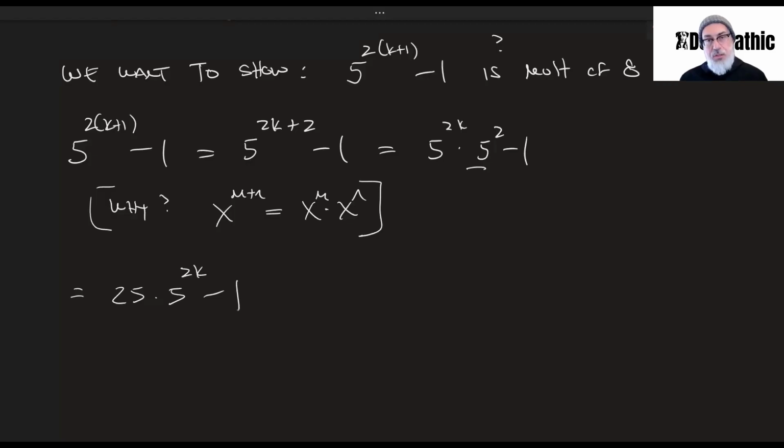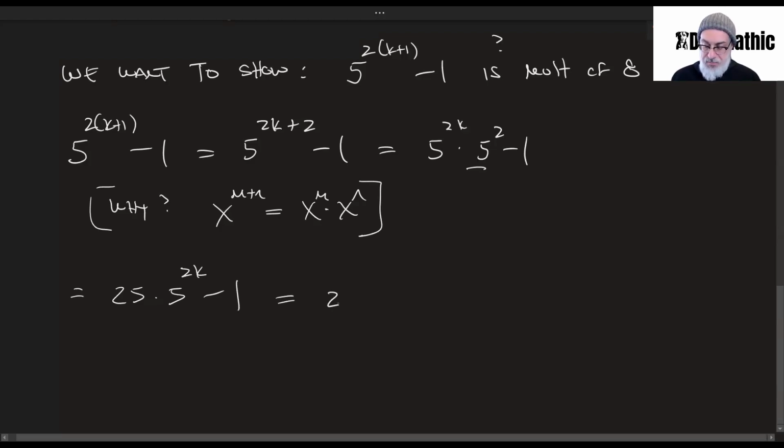I want 5 to the 2k minus 1 to be separated here somehow, but I can't just group it, because that would mean I would have to multiply 1 by 1 over 25, because once I distribute 25 back in, that has to be the same. So I just can't take a 25 out, or I can't group them.